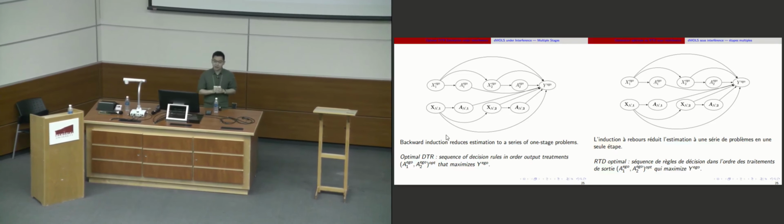The key here is that we construct the pseudo outcomes, in which we assume that future decisions are made optimally. And our goal in this network interference setting is to maximize the outcome of the ego. So we try to find the sequence of decision rules that output the optimal treatments A1 and A2 for the ego that maximize the final outcome Y of the ego.